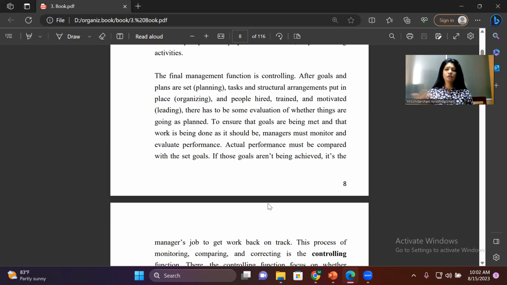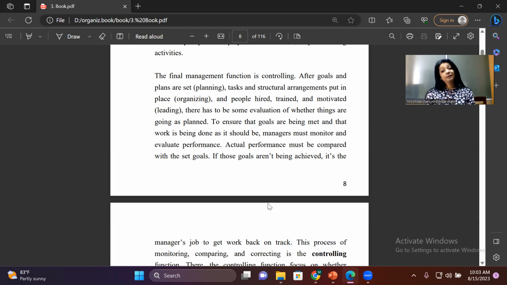Let's assume it is not achieved yet. Something is wrong with the quality, something is wrong with the quantity that they are manufacturing or whatever. So you have to take some controlling actions. Maybe you have to change your goals. Probably some people set very high standards that the people would not be able to achieve, right? Think about it: if you give a grade 2 kid grade 5 questions, they would not be able to answer.